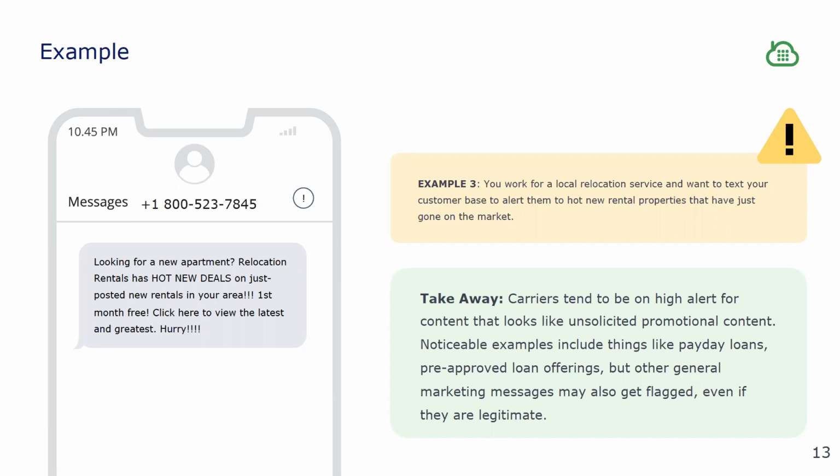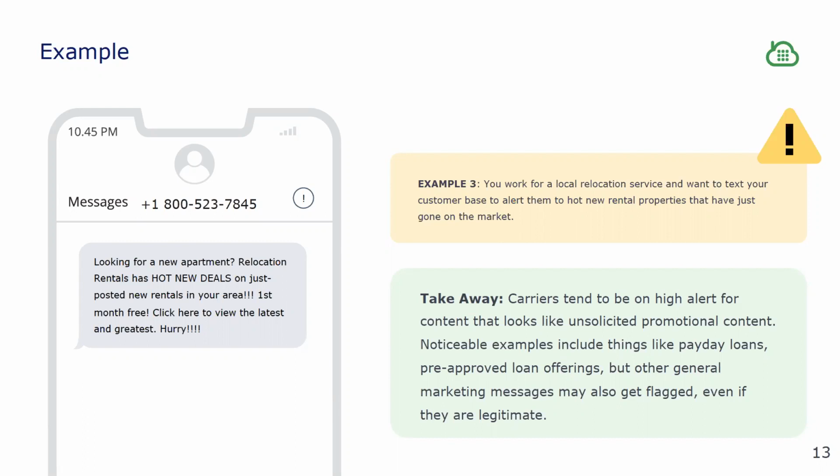Now, this message clearly looks like unsolicited promotional content, like the sentence that says "looking for a new apartment." Carriers tend to look out for messages that look unsolicited or not opted in, like in the real estate area, or pre-approved loans or payday loans, or any of these marketing messages.